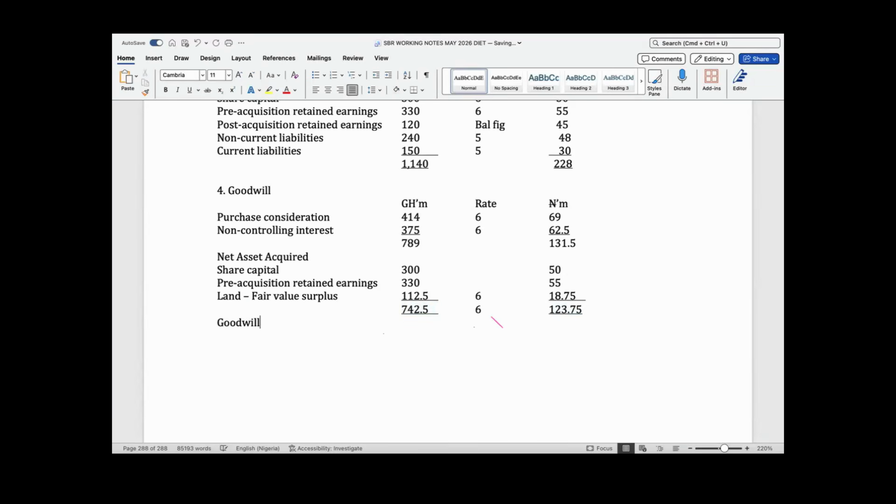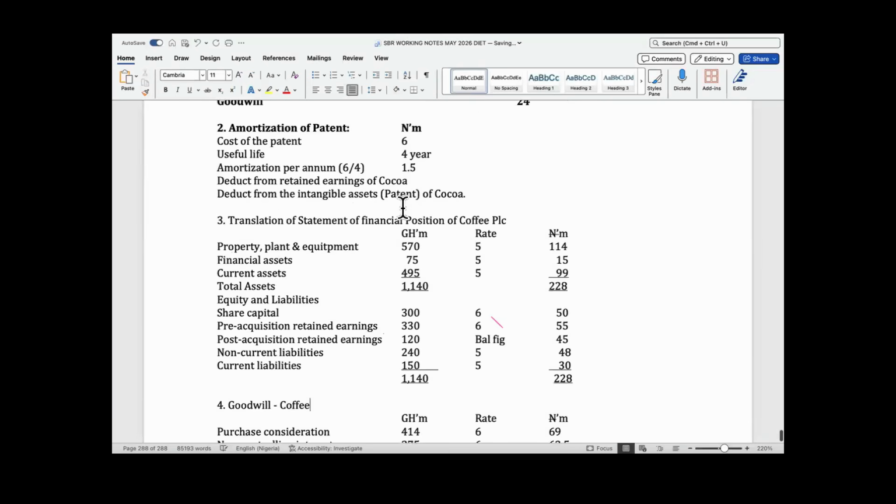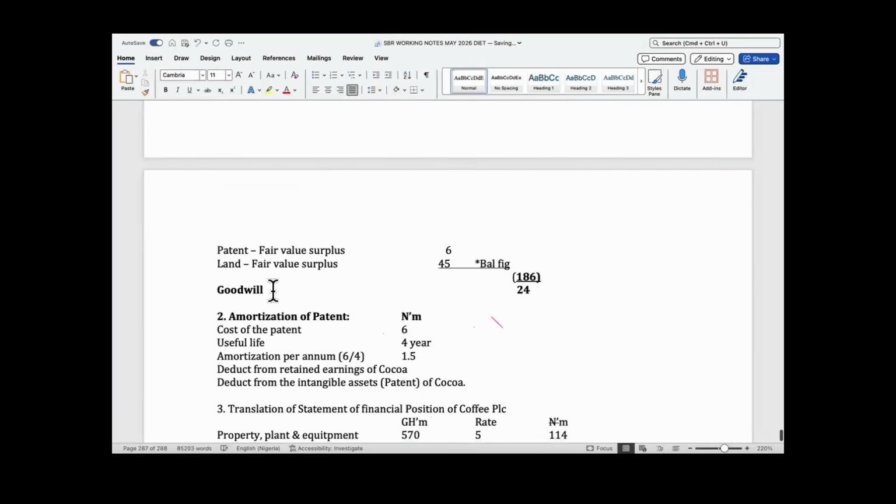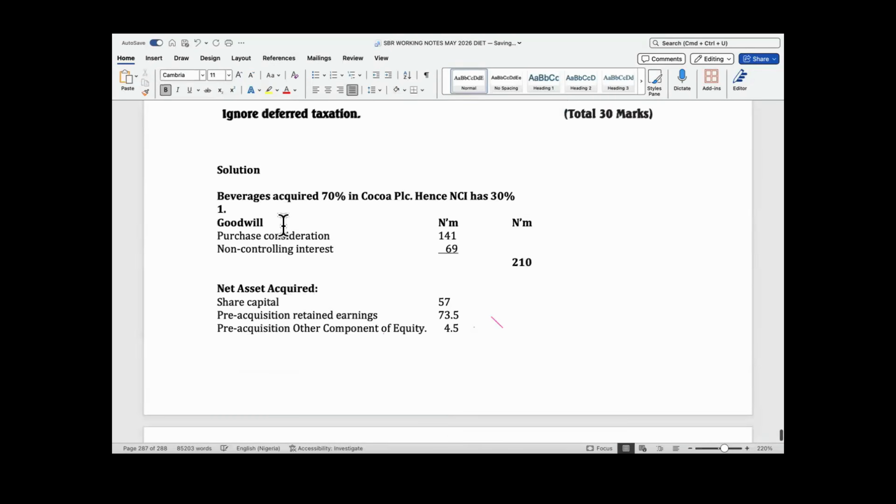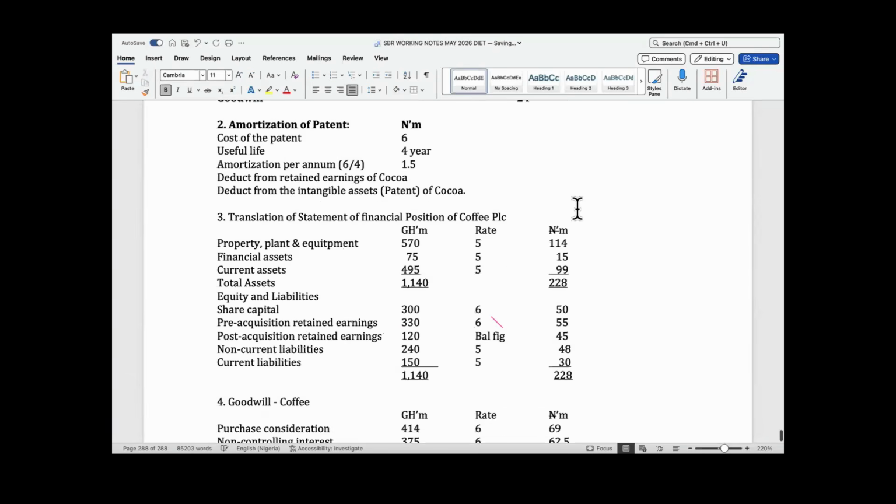So my goodwill at the date of acquisition, which is 1st January 2024, of this goodwill of cocoa, of coffee. We have done that of cocoa. Since we have more than one goodwill, I think it makes sense to separate it.